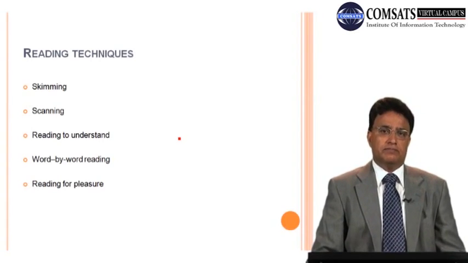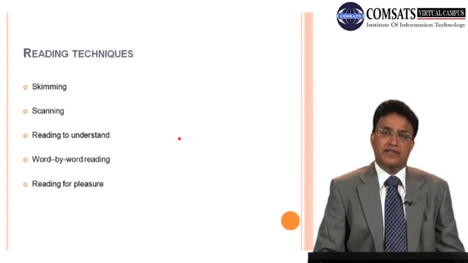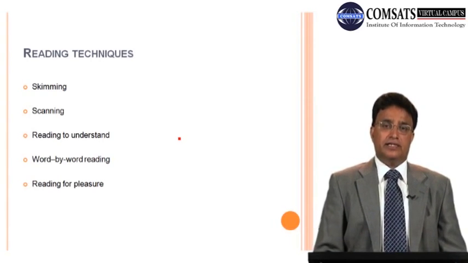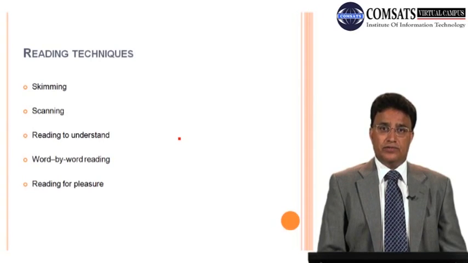The purpose is not to memorize information or to keep all the information in your head. So these are different types of reading and certain techniques for reading. And as a researcher, you need to use these techniques or reading skills according to the nature of the text you are reading.